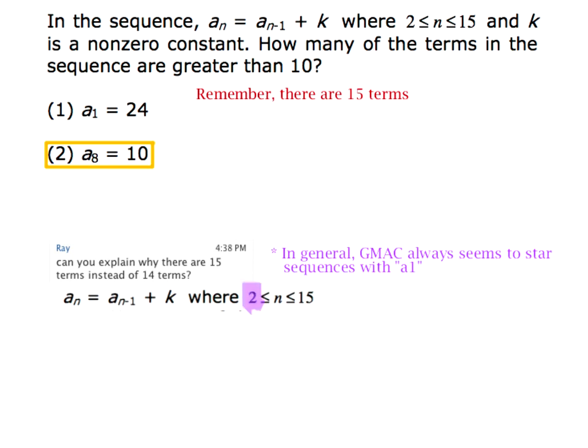So the bottom number in this range is 2. But think about what happens if n is 2. Then this says A2 is A1 plus constant. So I guess we need to have an A1 because it exists, it's a thing.